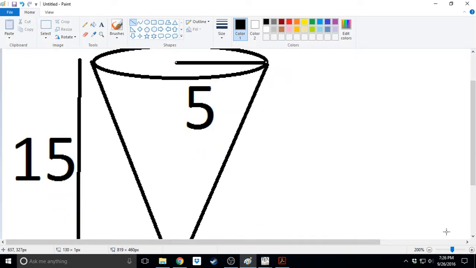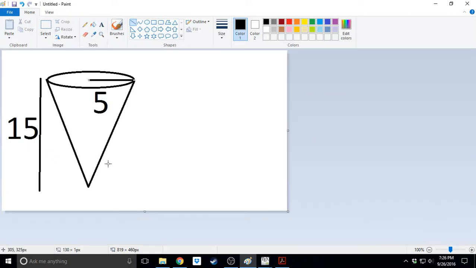Beautiful. So we want to pump all of the water out of this cone from the bottom of the cone to the top. Did I say feet or did I say meters? That doesn't matter. Whatever it was, it's in feet now.